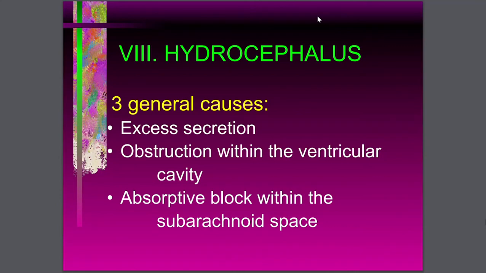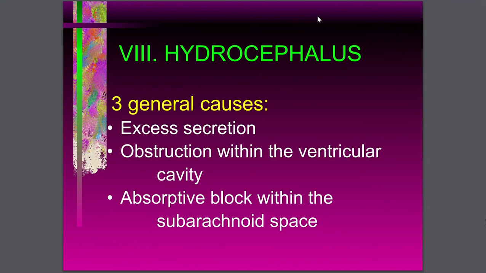And then the third cause of hydrocephalus would be a block in the absorption of the cerebrospinal fluid within the subarachnoid space, no? So this happens if there is an intraventricular hemorrhage, no?